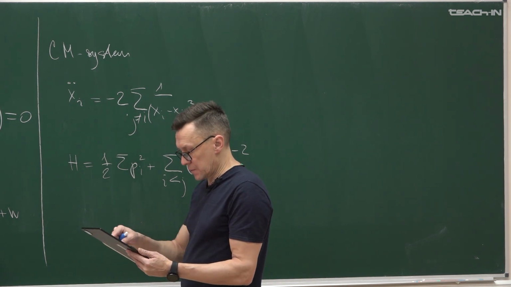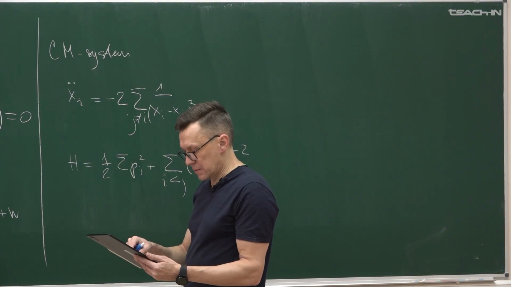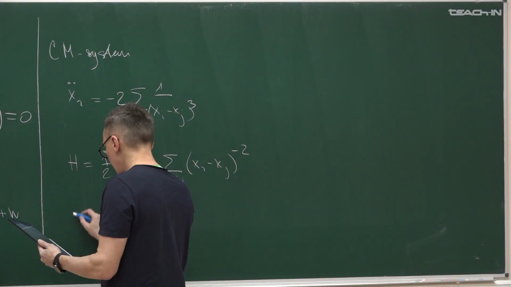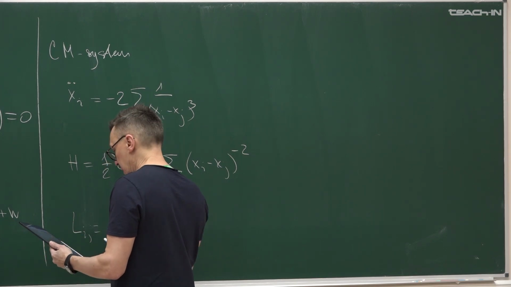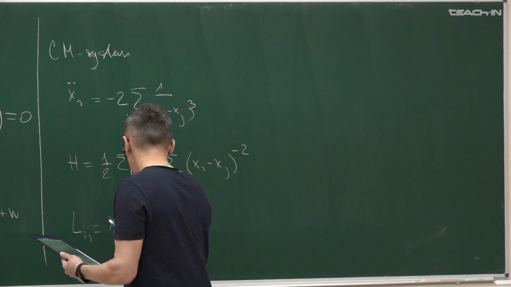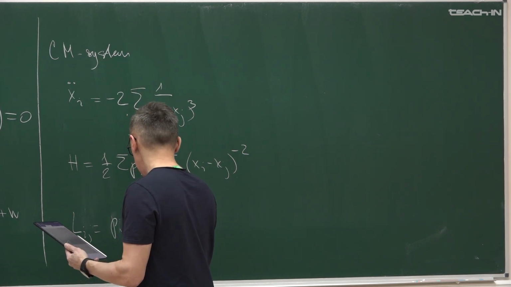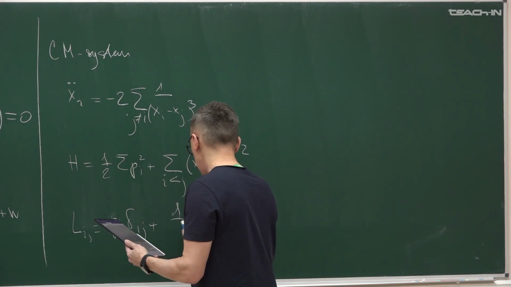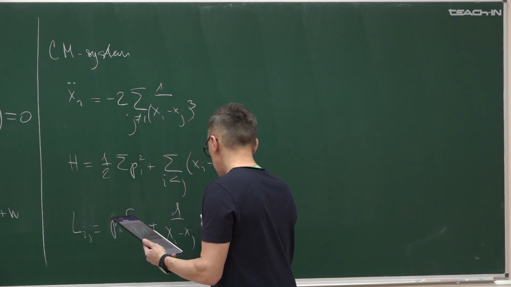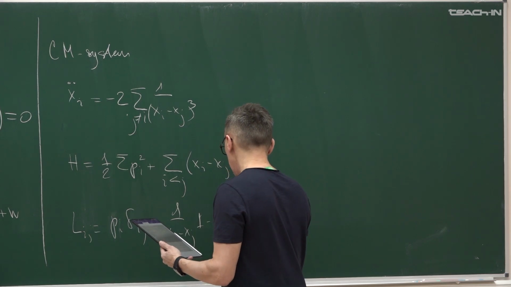I will use it in the following form: L_ij is p_i delta_ij plus (1 minus delta_ij) over (x_i minus x_j).